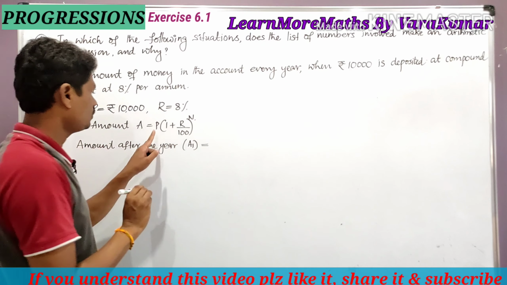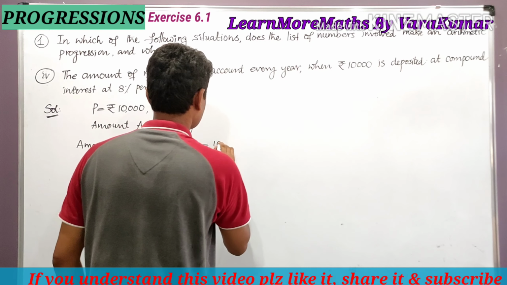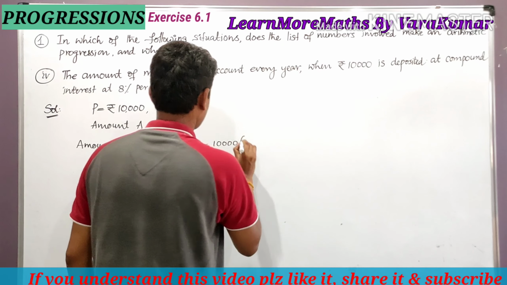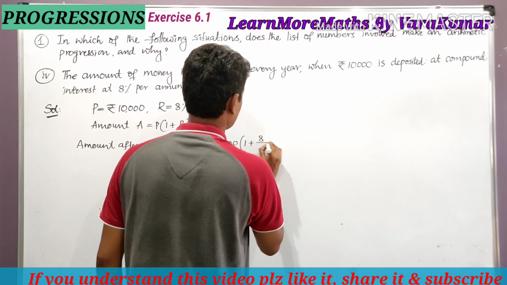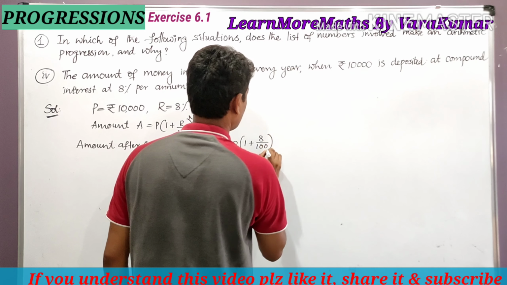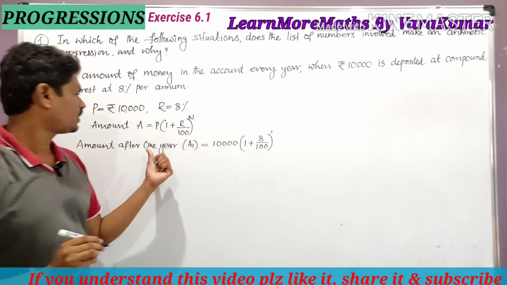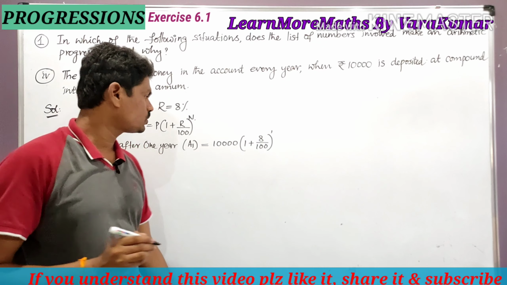A1 is equal to P into, so P is 10,000 into 1 plus r, which is 8, student, 8 by 100 whole to the power 1. So for 1 year n is equal to 1, student.